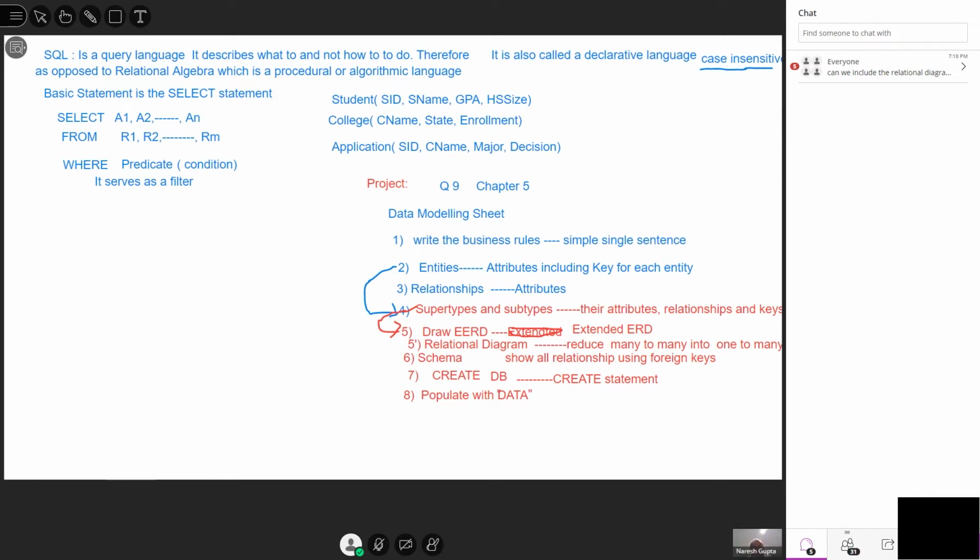And then lastly, once you have the data, we will use something called insert statements.